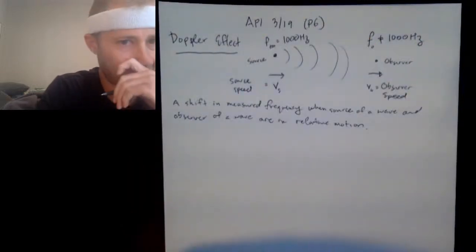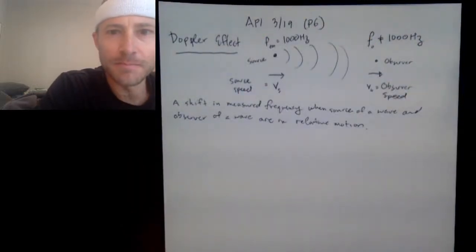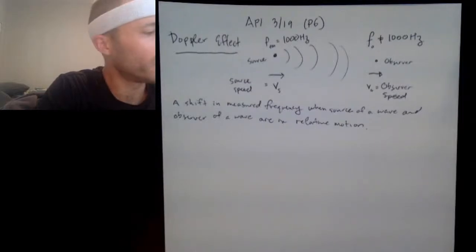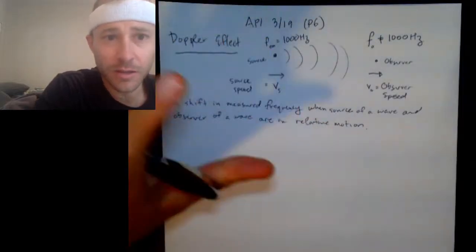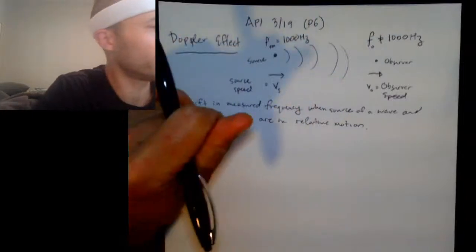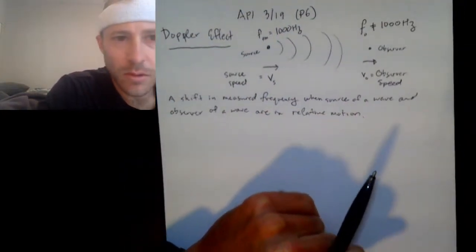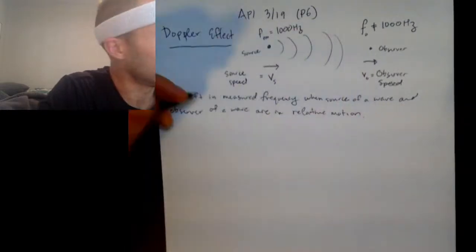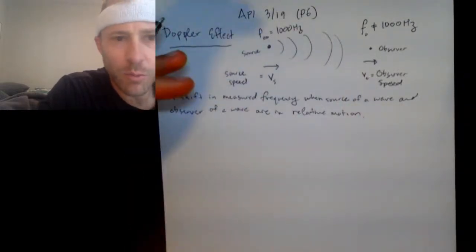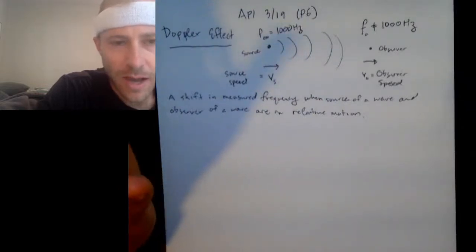So the emitted frequency is not going to be the same thing as the observed frequency when they're in relative motion. So let's try to understand why the Doppler effect happens.